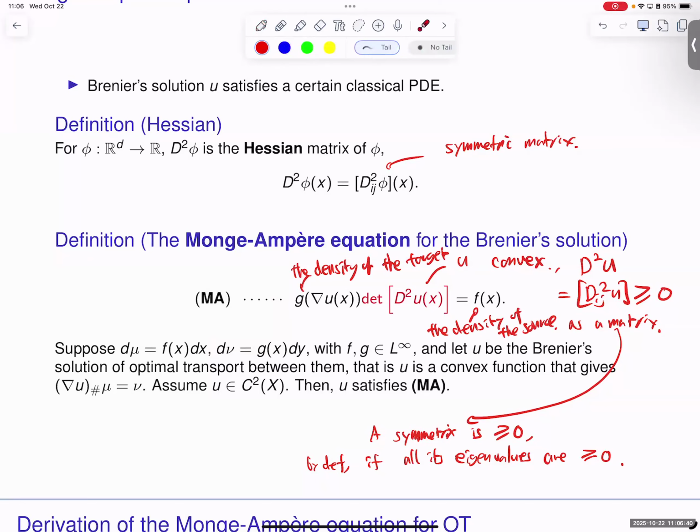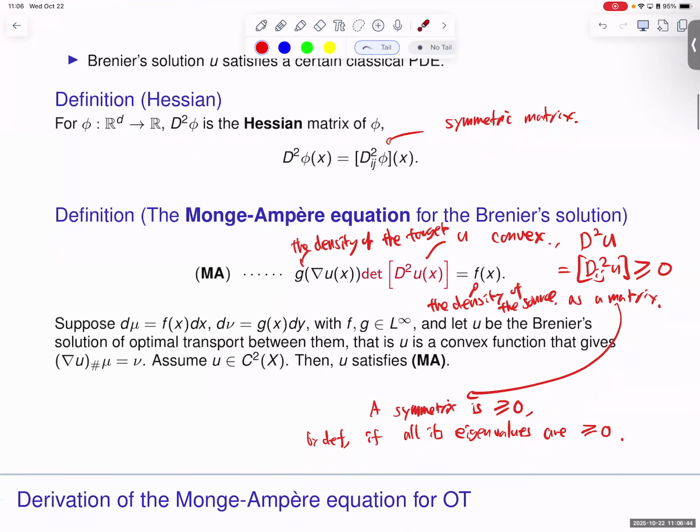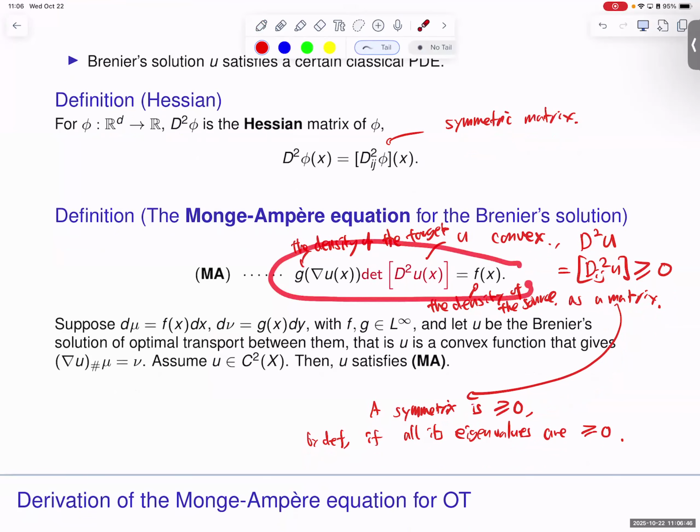The claim is that this Monge equation is equivalent to this transport property, that the gradient of u as a mapping transports the measure mu to nu.